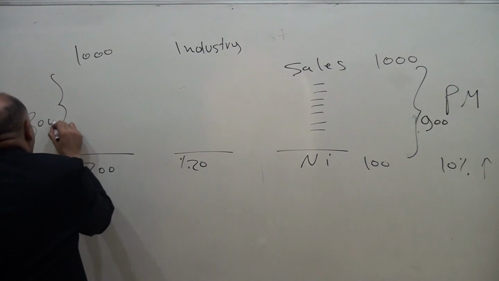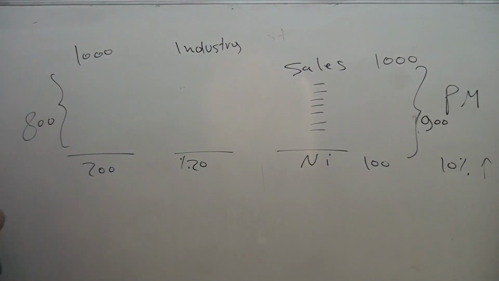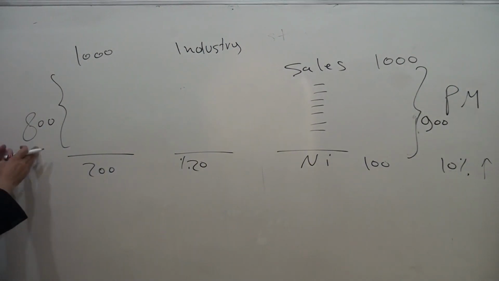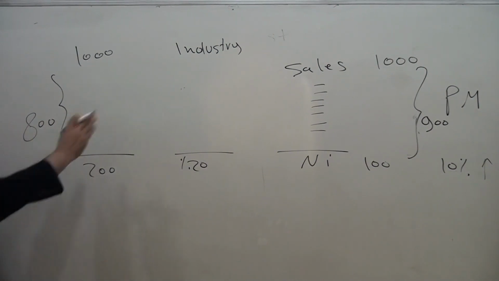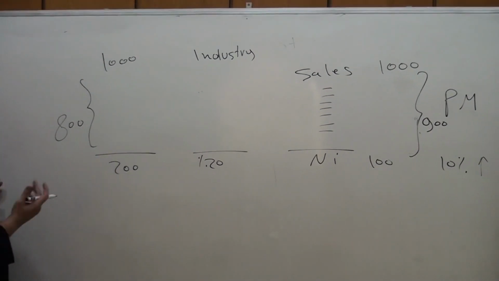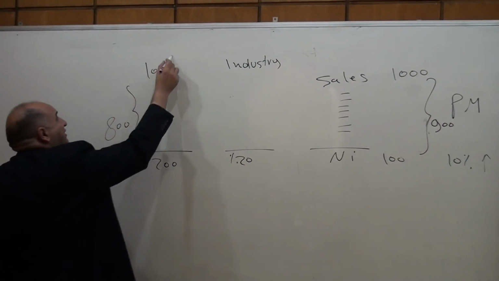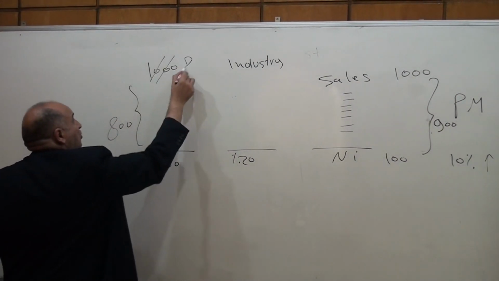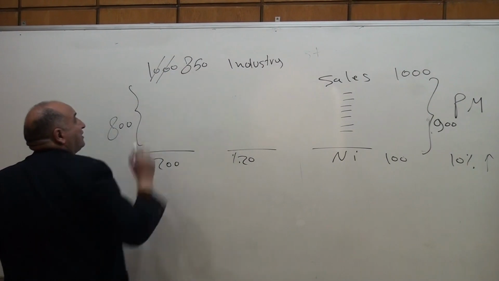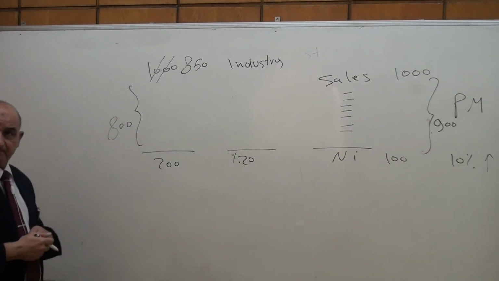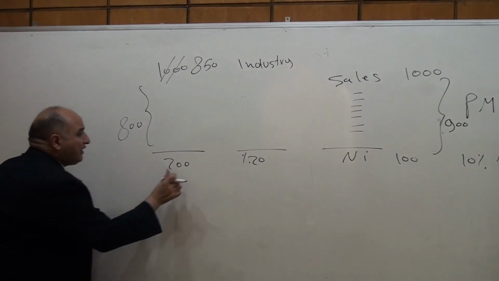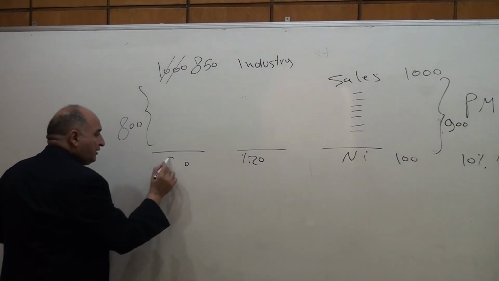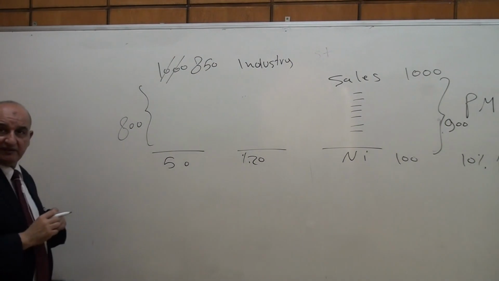If our competitors want to push me out of the market, he can reduce the price to be 850. In this case, he will still make a profit equal to 50.